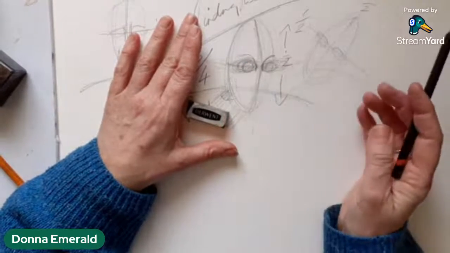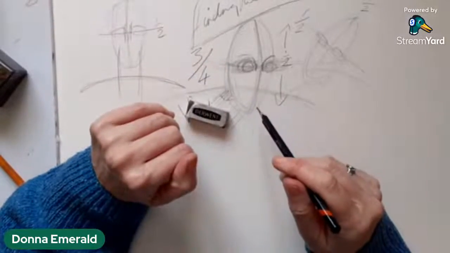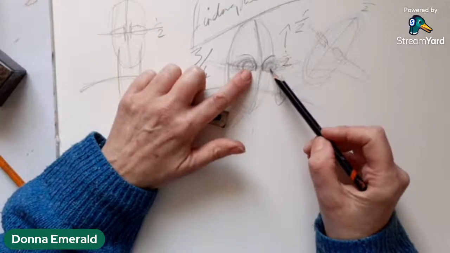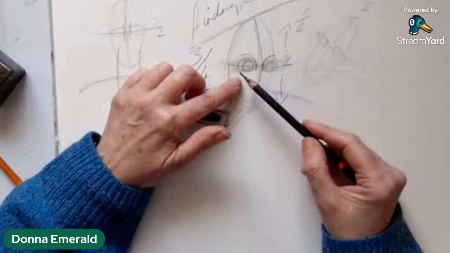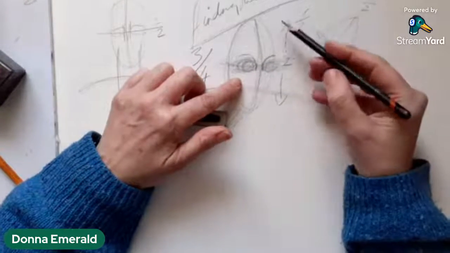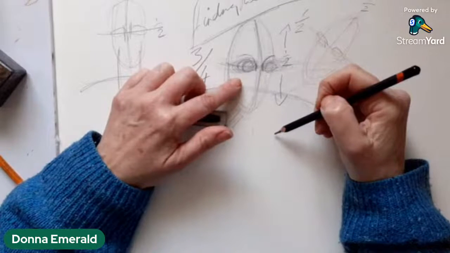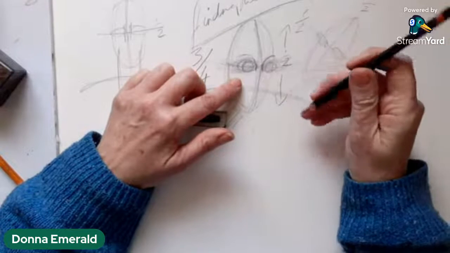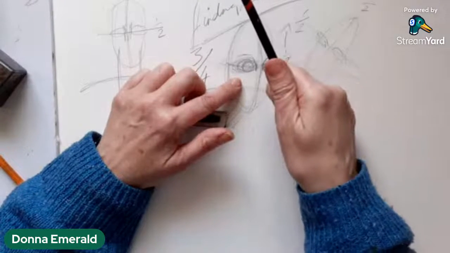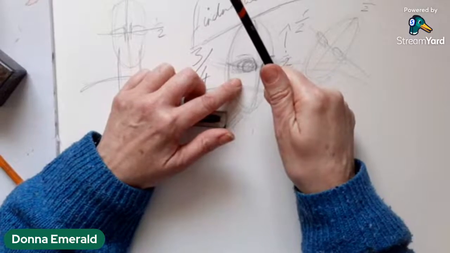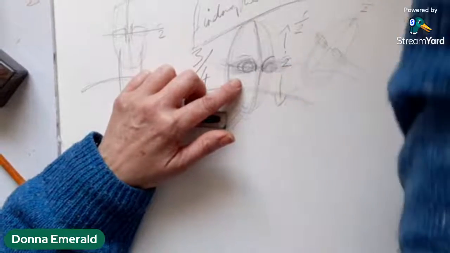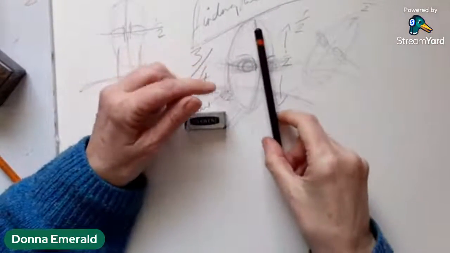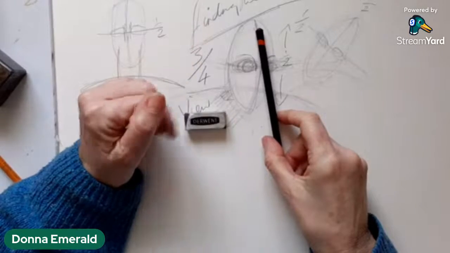Okay, so we've got the position of the eyes, even though we don't have a lot of detail in the eyes yet. We don't even have the first thing that I did last week in the eyes, the eyeballs and pupils in yet. We can put them in very soon. So we want to put in Edith's position for her nose, which is, if I want to get an angle, I'm going to hold up my pencil, hold my arm out completely straight, and at arm's length, hold the pencil up to the side of the nose in the original reference drawing, right?